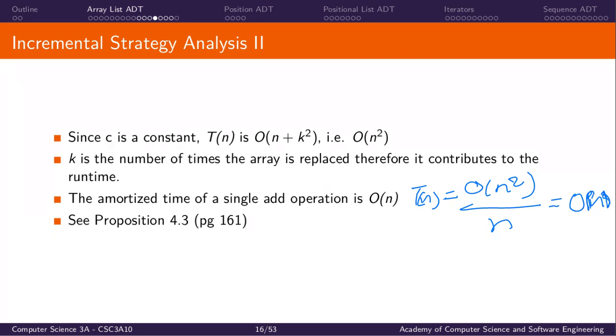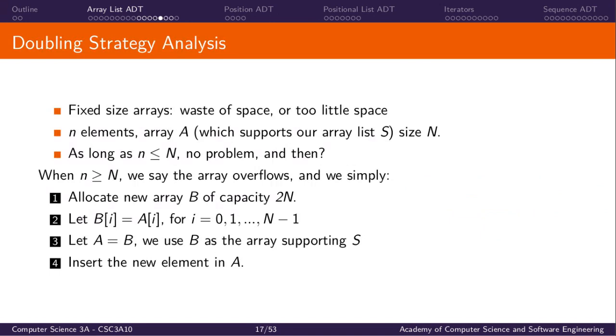For a single insertion, it is then linear time. All right. Do we believe that? Certainly we should. If for all n of them it's quadratic time, then for a single one will be order n time, linear time. Then what about our doubling strategy?